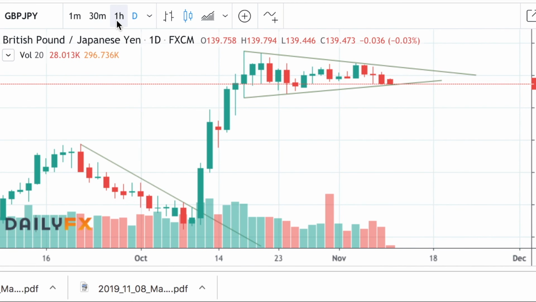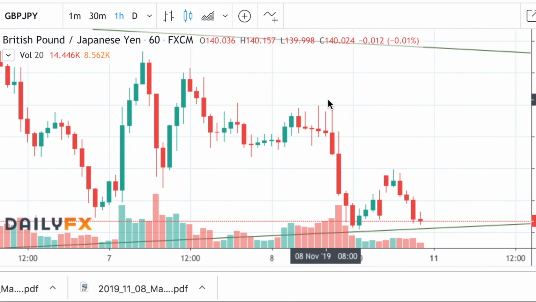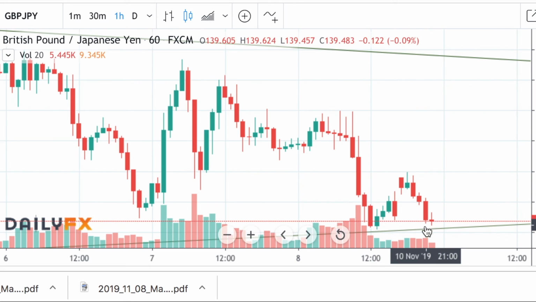So if you want to learn, just go to the 1 hour chart and you see the levels that we had for Newton. At the bottom here was 139.41 to sell stop if it goes below here, which is basically on this line.